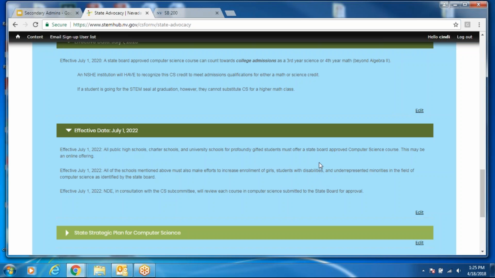Not only do you need to offer that course, but you need to make efforts to increase the enrollment for those groups. And then finally in 2022, the department, in consultation with that subcommittee, will review each course in computer science that is submitted to the state board for approval. So just again, making sure it's in alignment with the state standards.